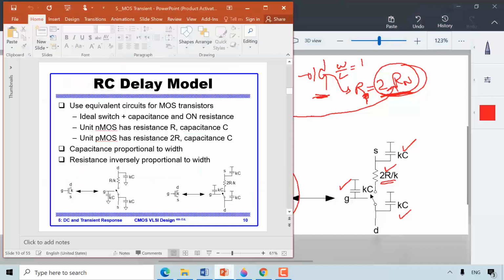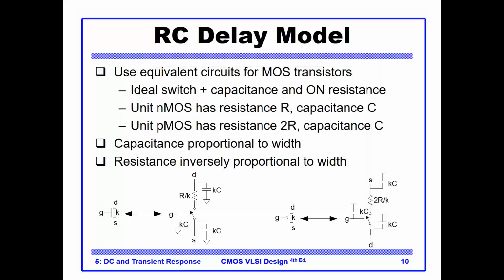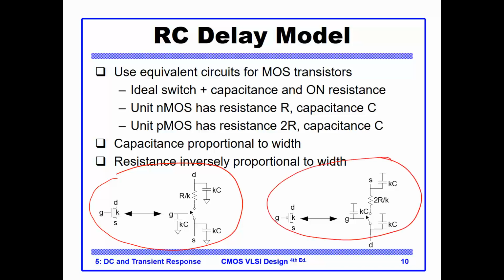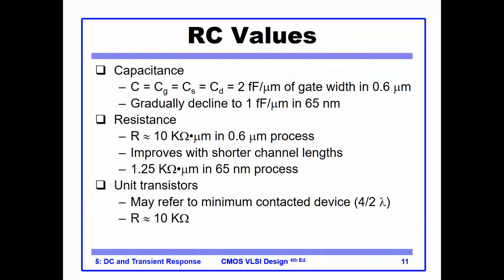Let's go back to the slides. Now I can see that I have removed the NMOS transistor and the PMOS transistor, and replaced them with an RC network. So what kind of capacitances are we talking about? Well, C ranges from 2 femtofarad to 1 femtofarad, and R from 10K ohm per micron to 1.25K per micron.